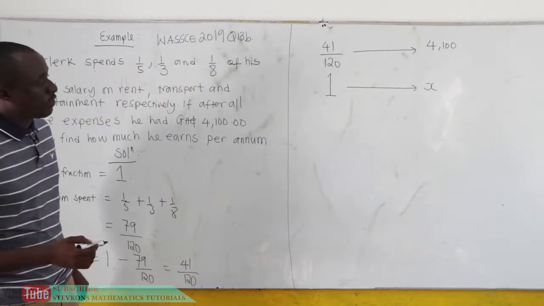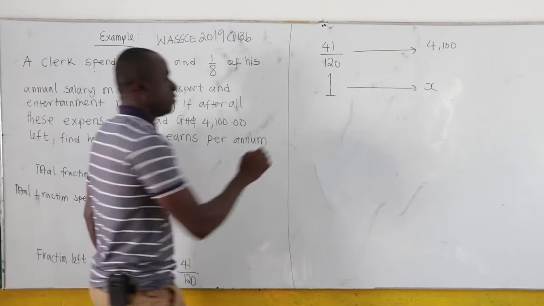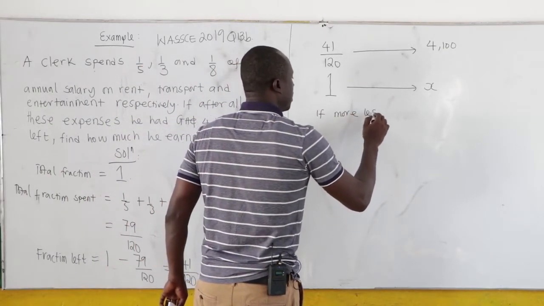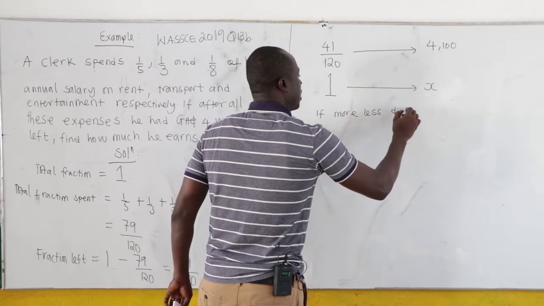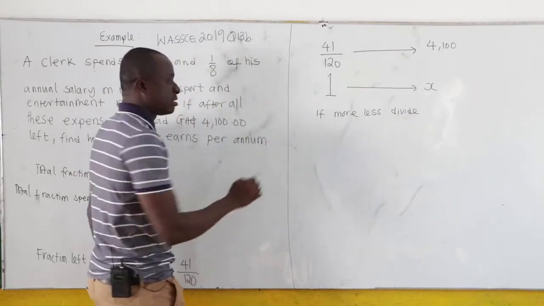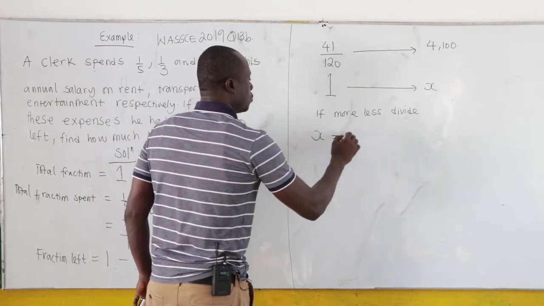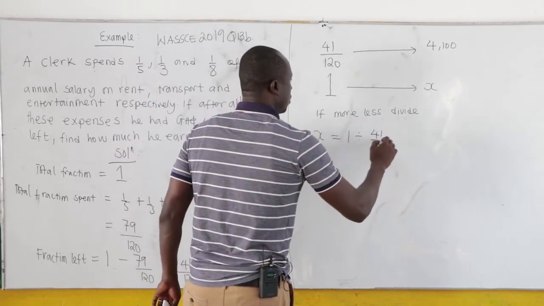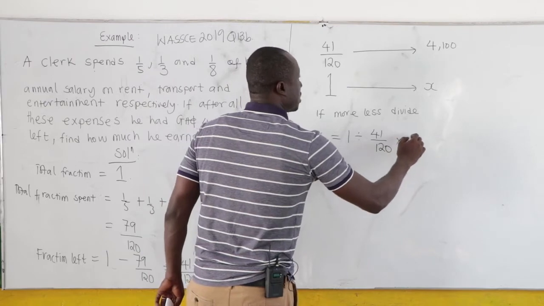Now, 41 over 120 and 1, 1 is more. So here we say that if more, let's divide. Hence, our x will be equal to 1 divided by 41 all over 120 times 4,100.